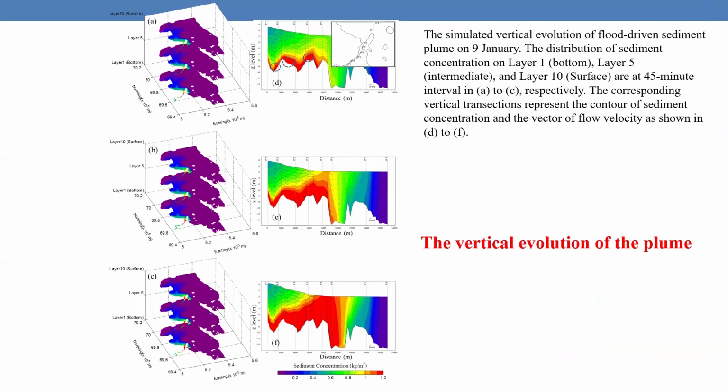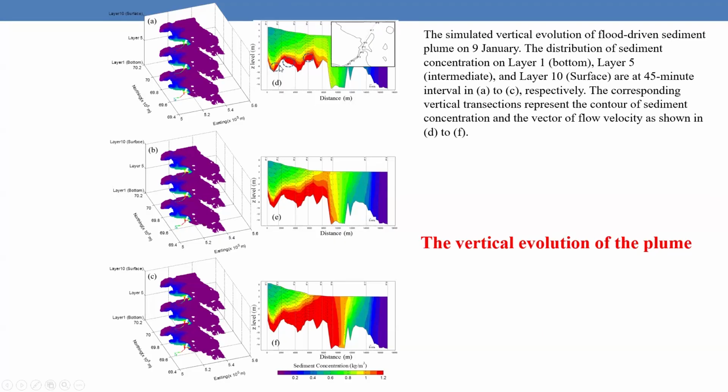So we are not only looking at the surface. The beauty of the 3D model is that we are able to see all those different transects, right? Horizontal layers. So this one gives you the horizontal layer, the slice for each of them.